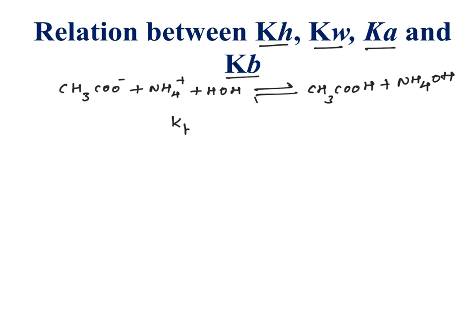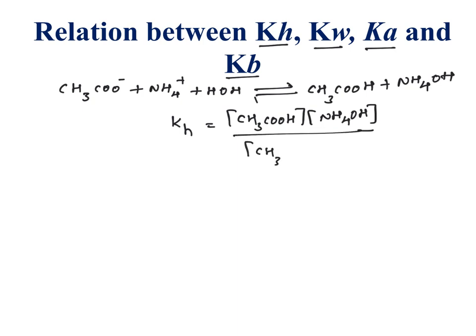So KH is concentration of the products divided by concentration of the reactants, acetate ion and NH4 plus.